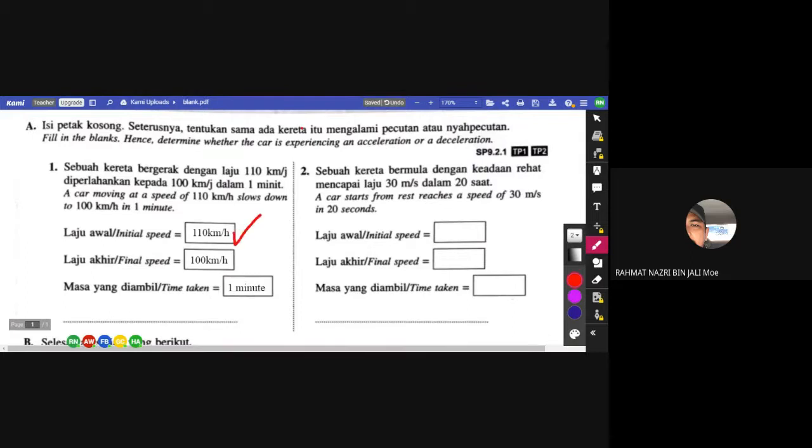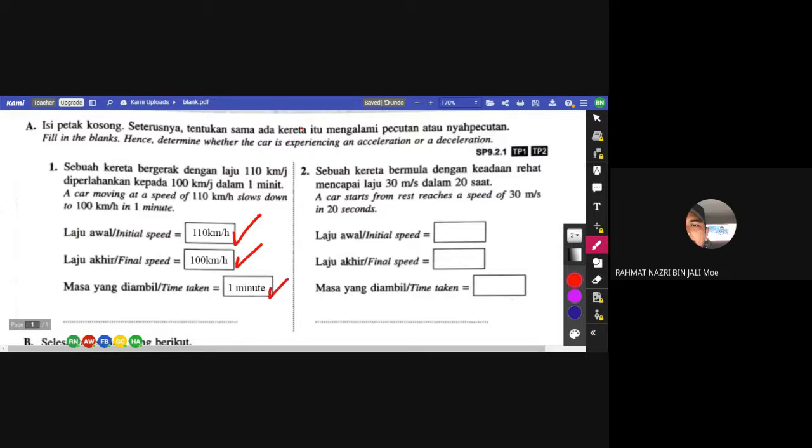Okay, this is correct. Number 2, Hannah, you couldn't get it earlier. The final speed is 100. We refer to the last one. The last speed here is 100 km per hour. Correct. And then the time taken is 1 minute.